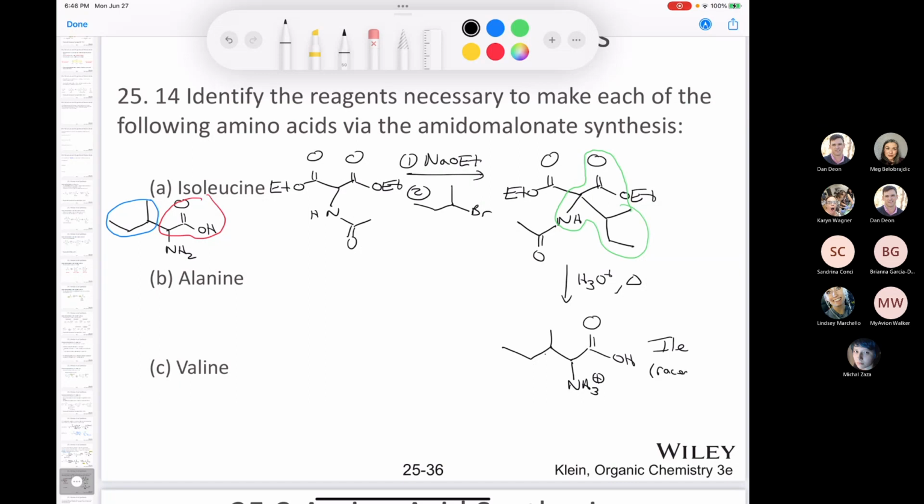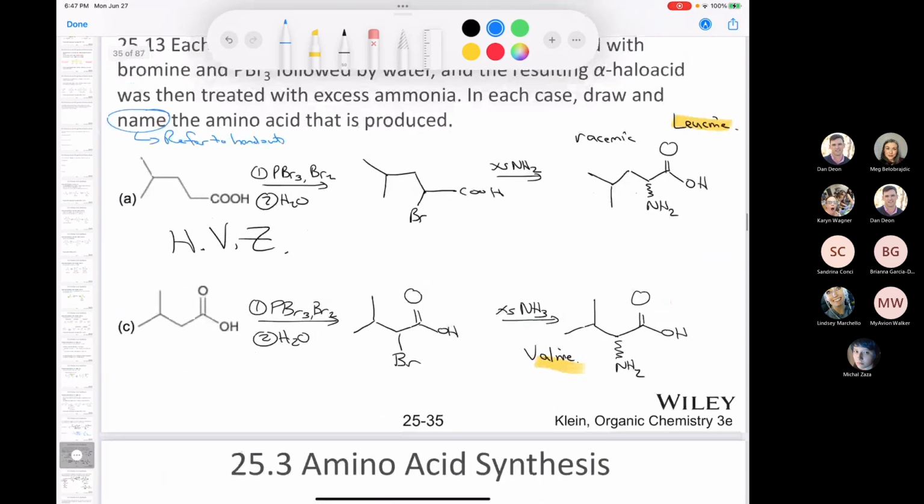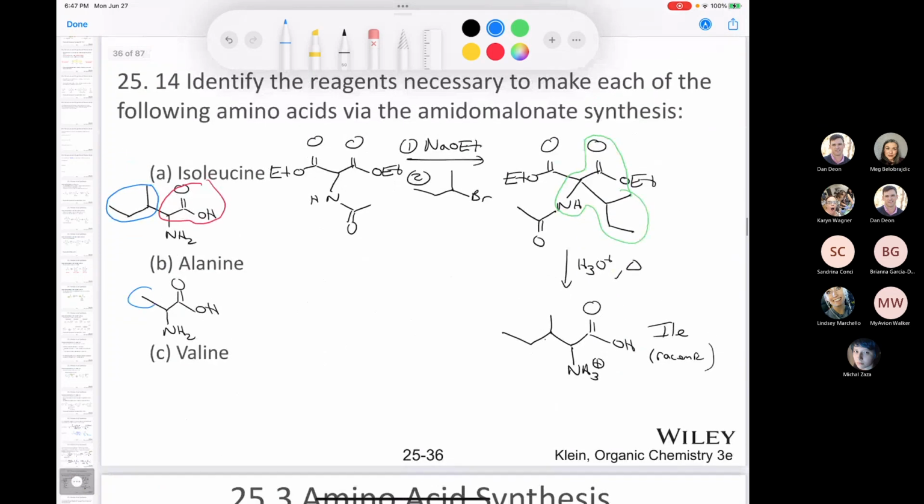Maybe we'll put the other ones on ice for right now. I mean, you can probably figure them out pretty quickly, because if you follow the exact same rationale, alanine is this. It's just got a methyl group. So that means you would use iodomethane.